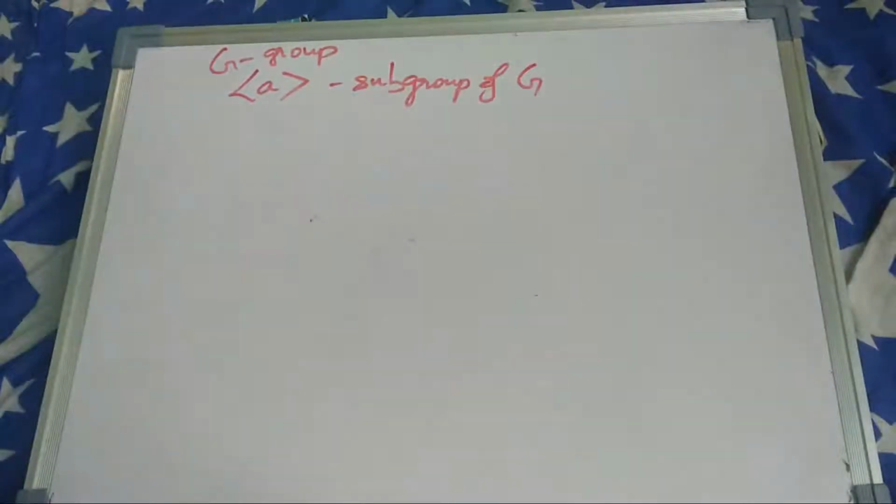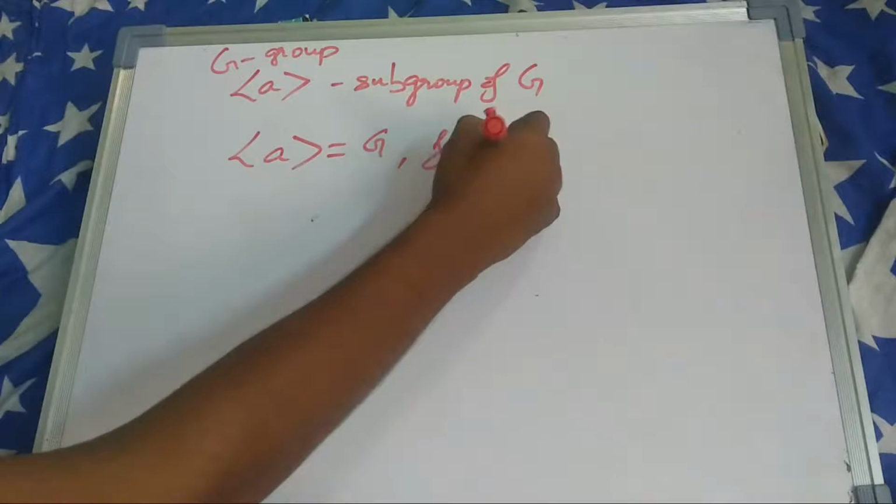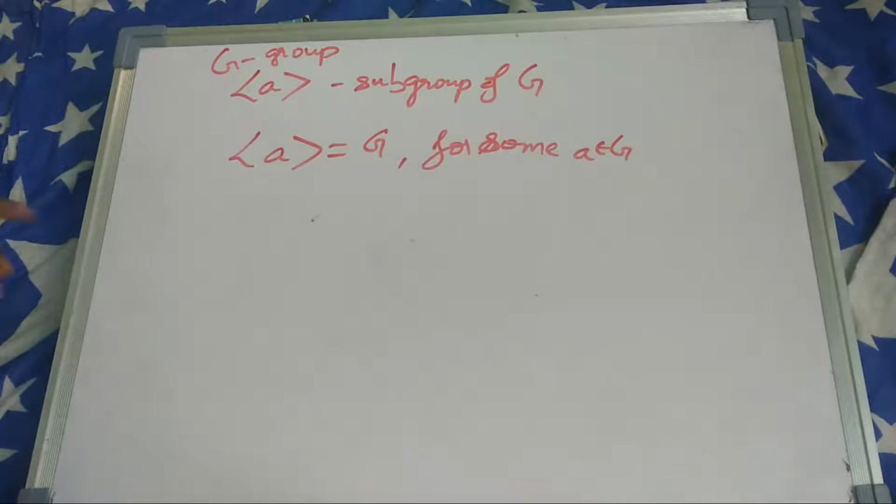So clearly we saw that if G is a group, the subgroup generated by A is a subgroup of G. It is not necessary that for some A in G the subgroup generated by A is the whole group, but there is a possibility that it forms the entire G itself.